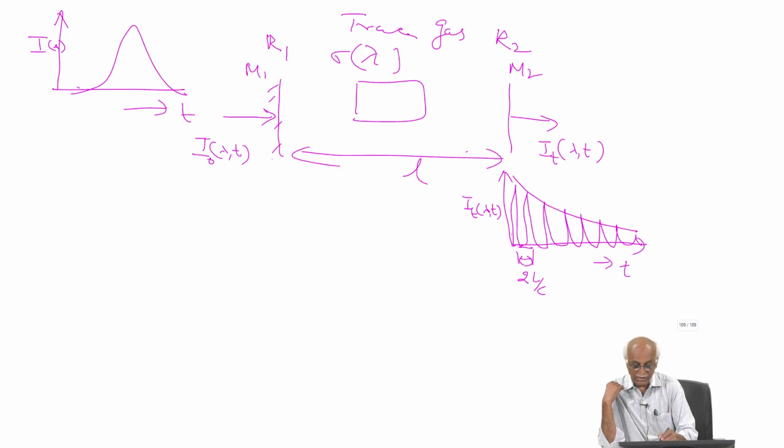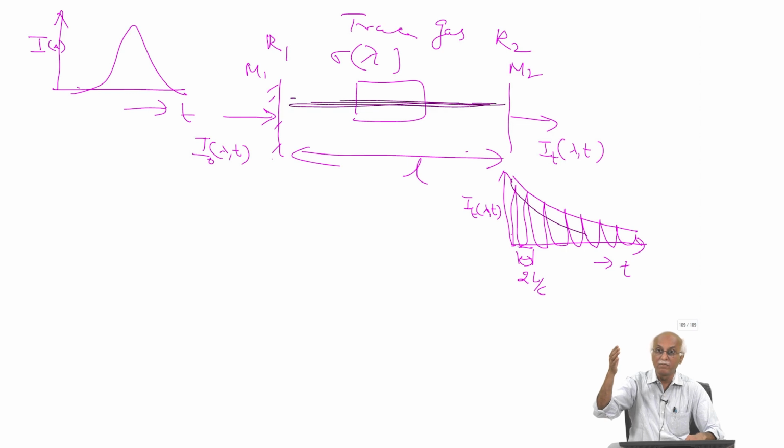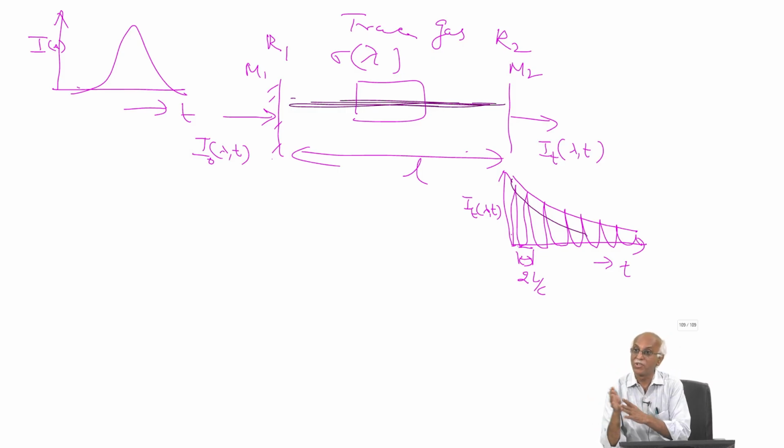Now, the decay will be fast, because every round trip the light intensity also undergoes some absorption when it passes through this gas cell. So, it will decay very fast, and the decay time will indicate the concentration change. That is the idea.